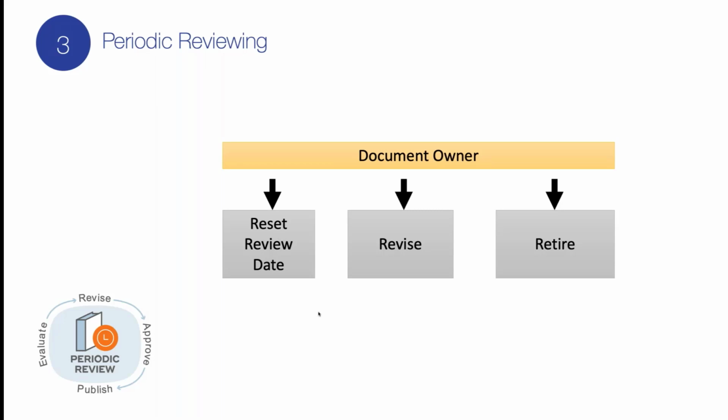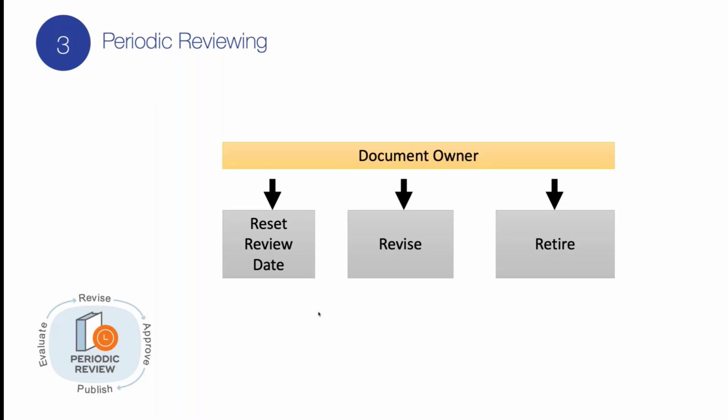Another alternative is to revise the document. So as Tom has covered, a document revise process will be initiated automatically. The other alternative for a document owner is to retire the document. If the document ceases to be relevant, the document can be retired so it's no longer available to the organization.